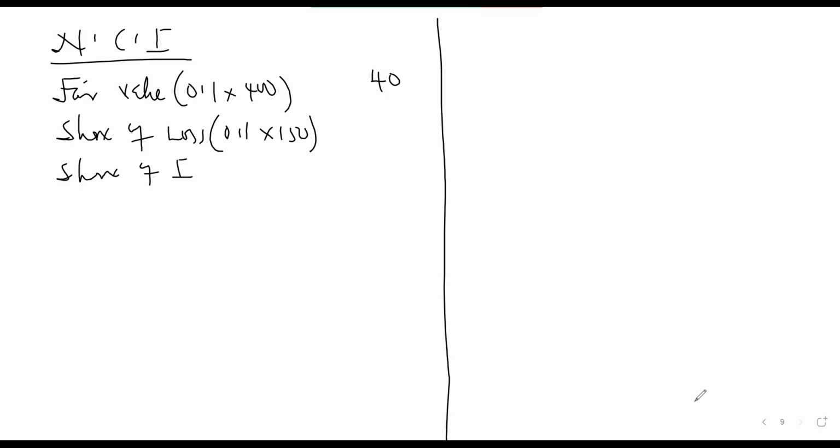So share of impairment will be 0.1 times 40. So that is what we are going to be having. This will be 15, then minus 4.